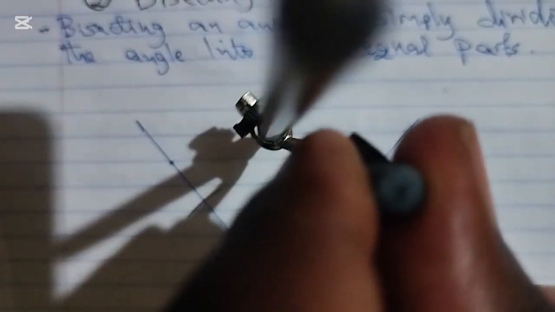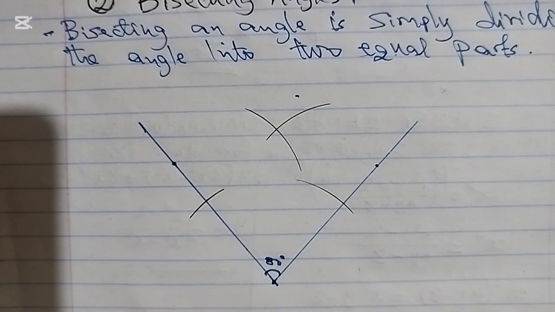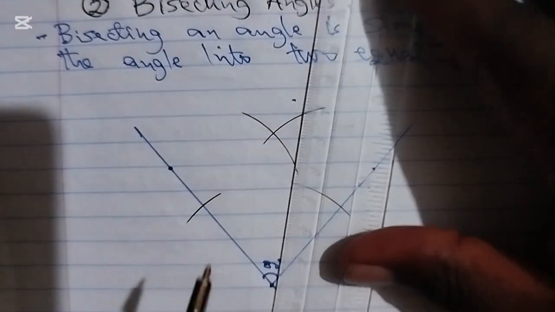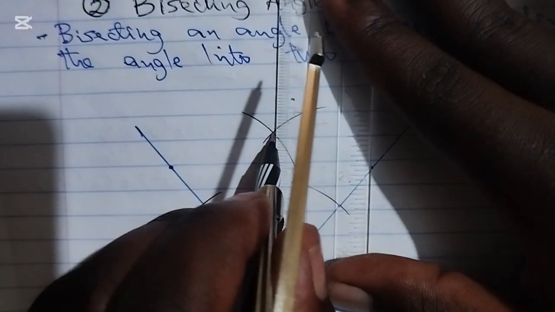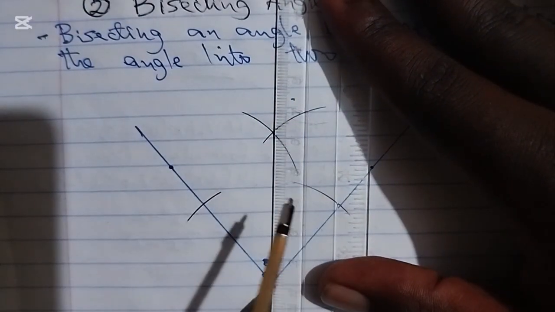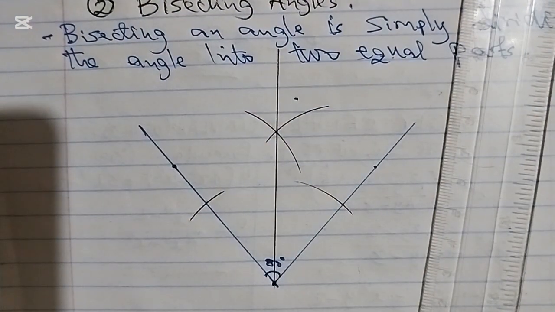Then make your arc. Then, using a ruler and a pencil, join from here to where the 2 arcs have intersected. Join that line like that. Now try and measure the angles. That's how you bisect an angle.